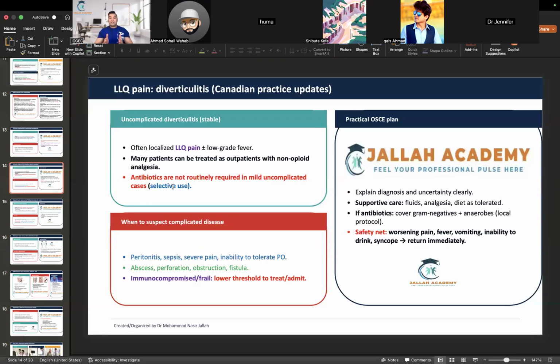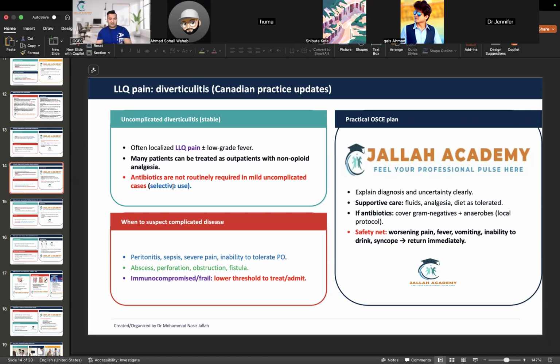But what are those things that he has to know that if they happen, he should immediately come to you or the nearest emergency room? This is essential. You cannot discharge the patient without doing these steps.